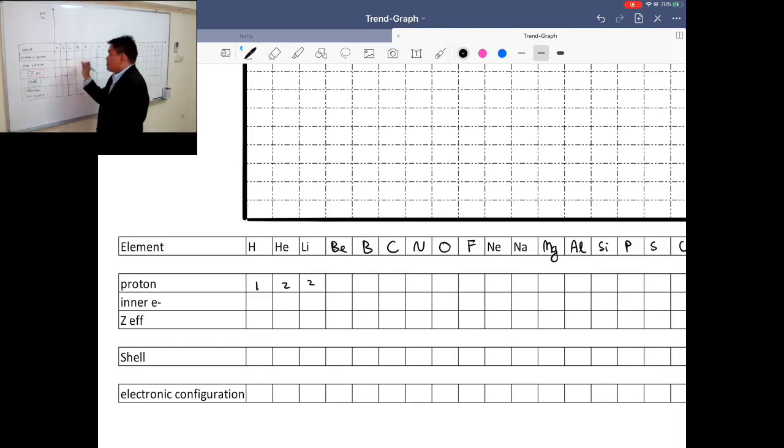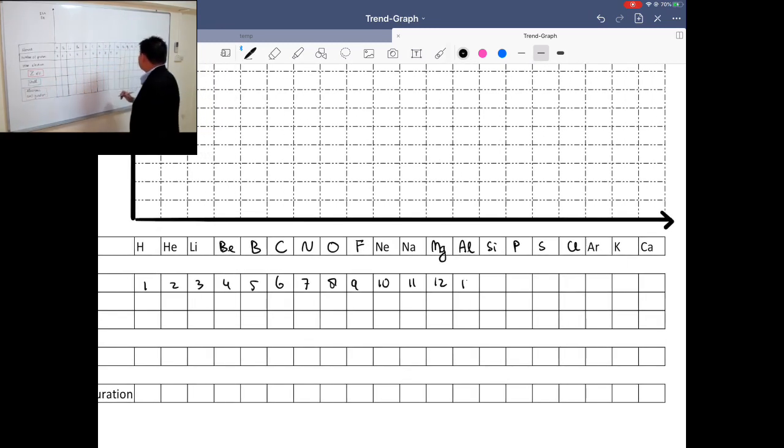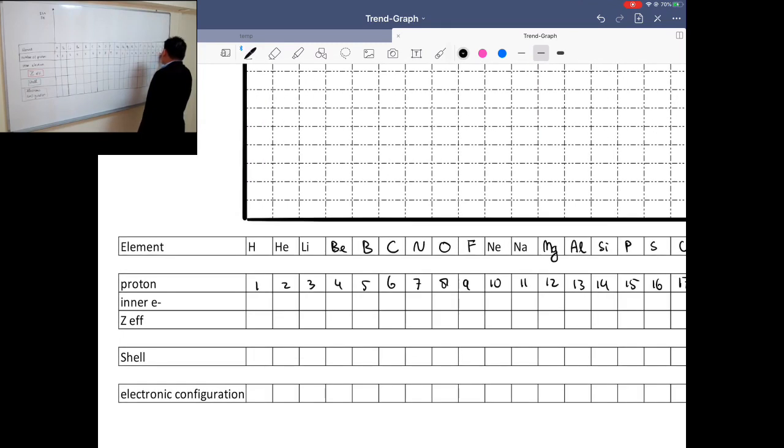And we fill up the number of protons of each element. Very simple. It's in a sequence 7, 8, 9, 10, 11, 12, 13, 14, 15, 16, 17, 18, 19, 20.